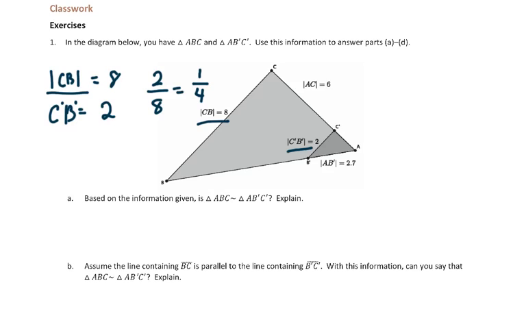So we have AC, but if you look right here, we don't have A prime, C prime. We do have AB prime, which is 2 7/10, but we don't have AB. So we don't have another pair of corresponding sides to determine if this is similar or not.